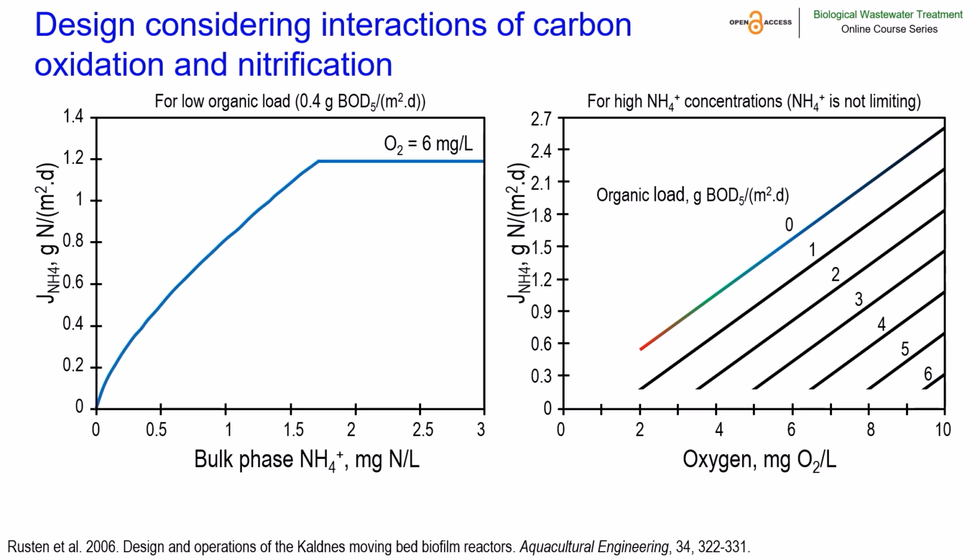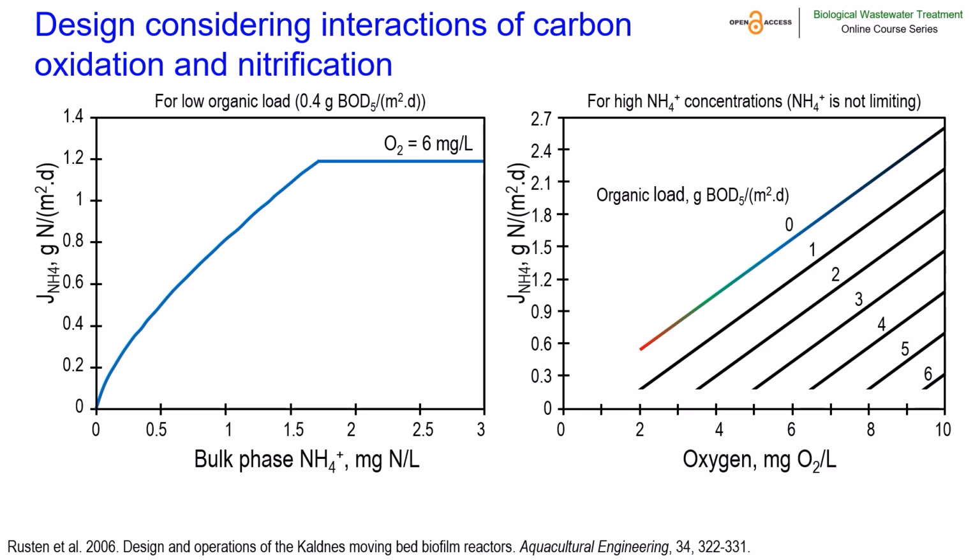Here is now the predicted ammonia flux for a bulk phase oxygen concentration of 6 mg oxygen per liter. Flux of ammonia increases for increasing ammonia concentrations following half-order kinetics up to bulk phase ammonia concentrations of about 1.7 mg nitrogen per liter. With a further increase of bulk phase ammonia concentrations, nitrification is no longer ammonia but oxygen limited.